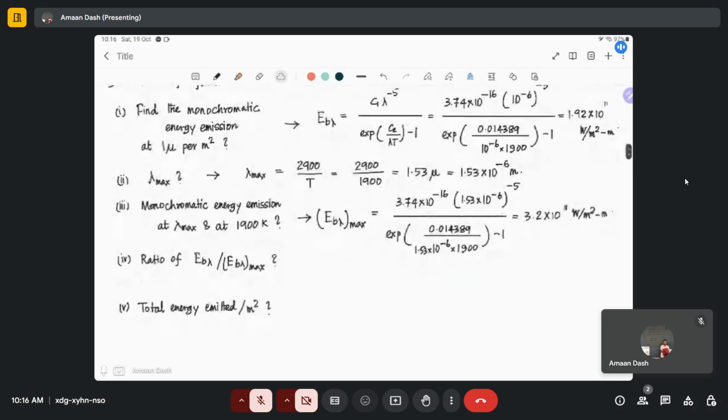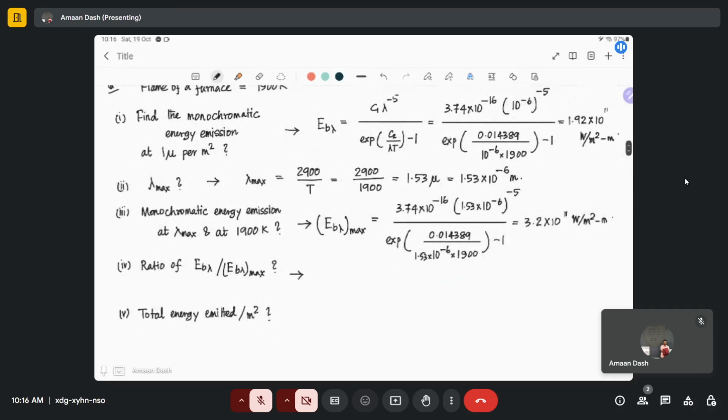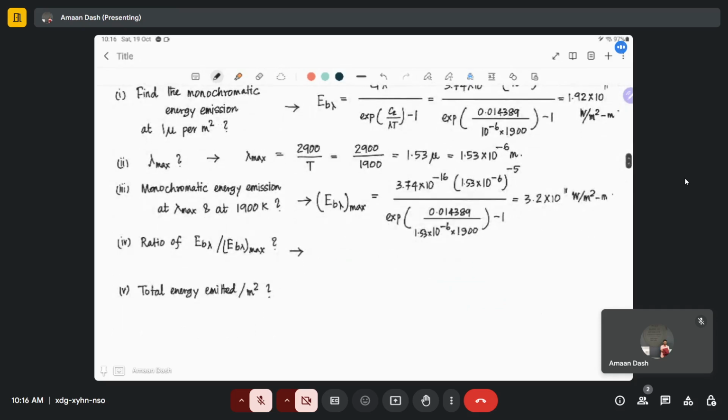So the next thing you have to calculate is the ratio of EB lambda and EB lambda max. You can do this very easily from the above 1 and 3.